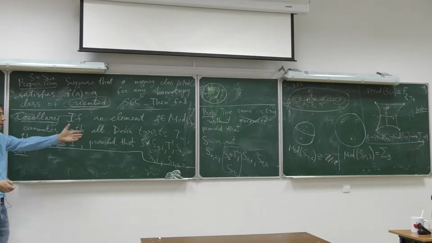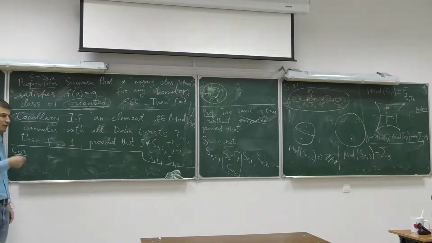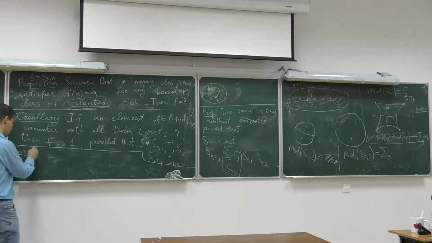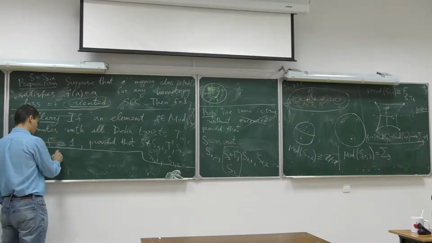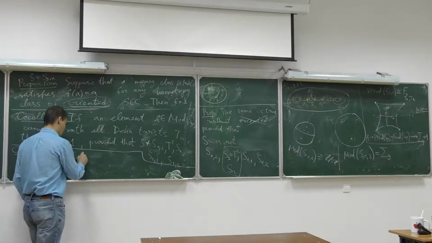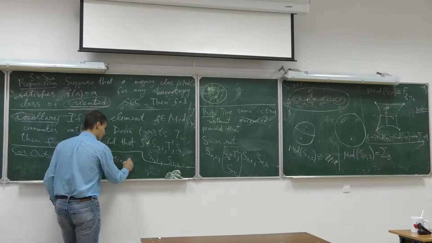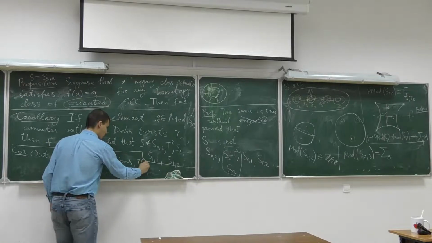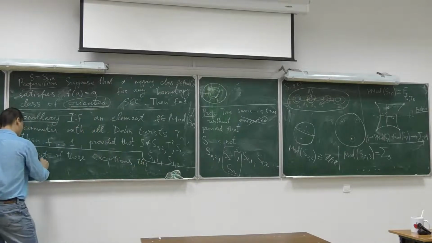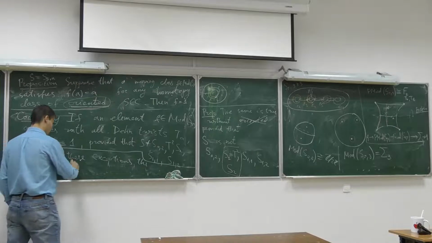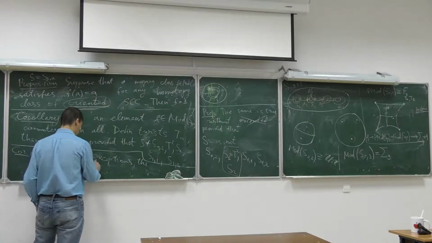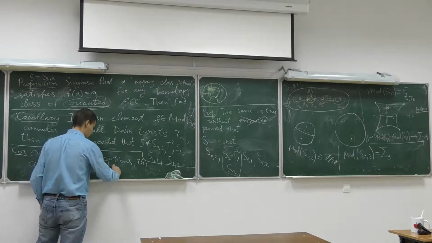So out of these exceptions, the center of a group, which is the set of elements which commute with all elements of the group, the center of the mapping class group of S is trivial.